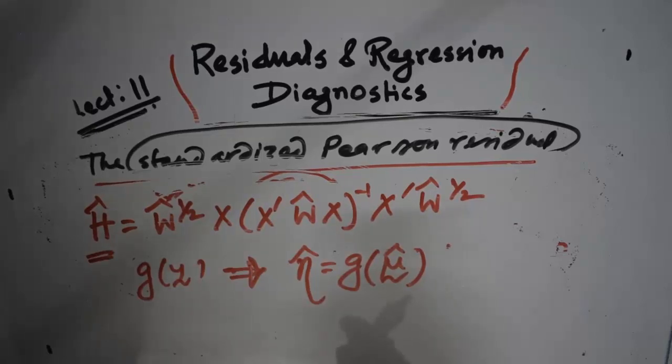The greater an observation's leverage, the greater its potential influence on the fit. As in ordinary regression, the leverages fall between 0 and 1 and sum to the number of model parameters.